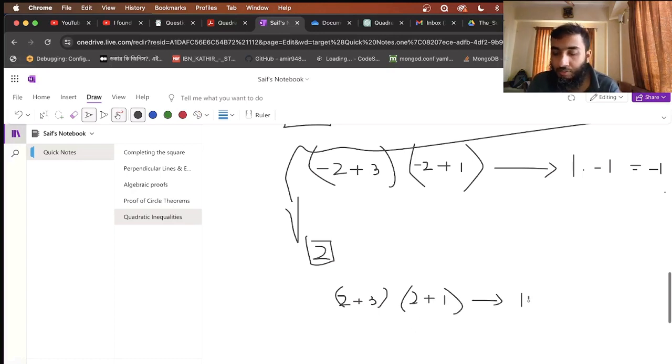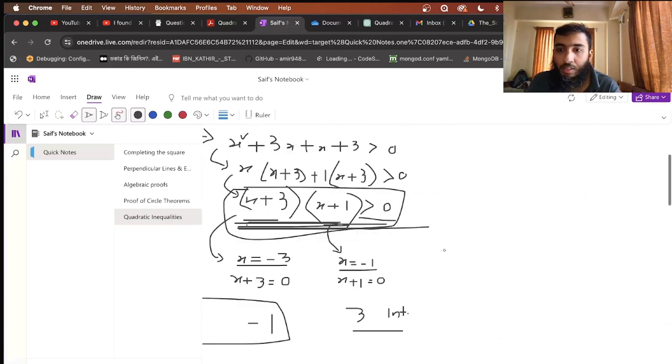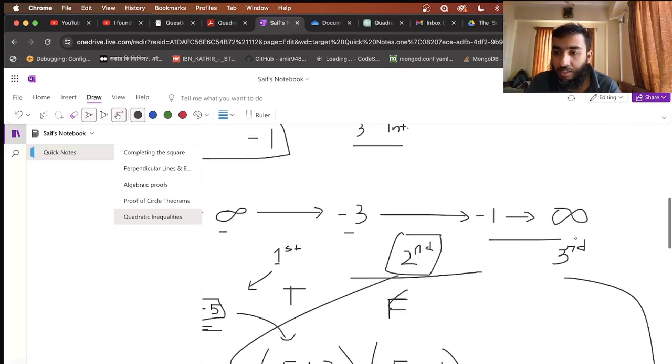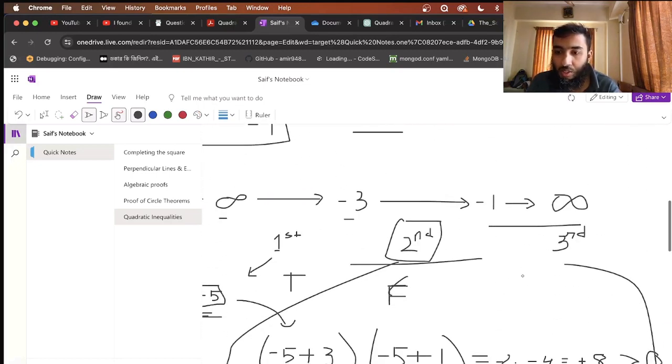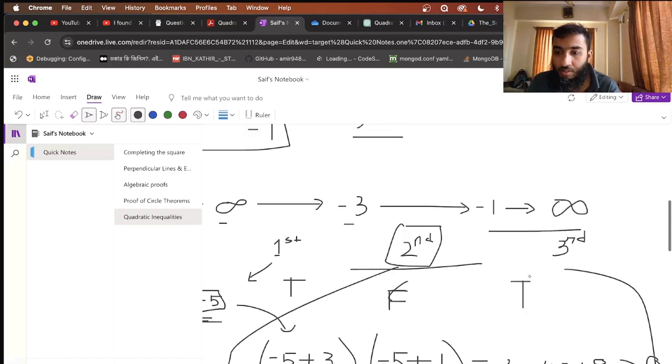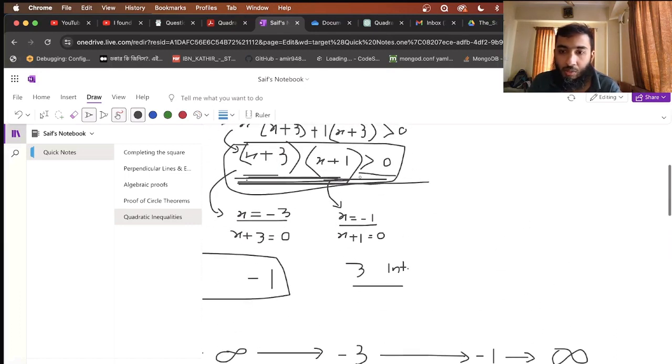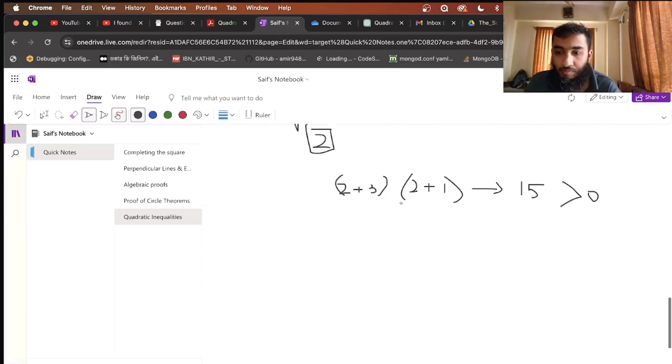So 5 multiplied by 3 is 15. So 15 is greater than 0. So for any value of this interval, this is true. The inequality is solved because it's greater than 0.